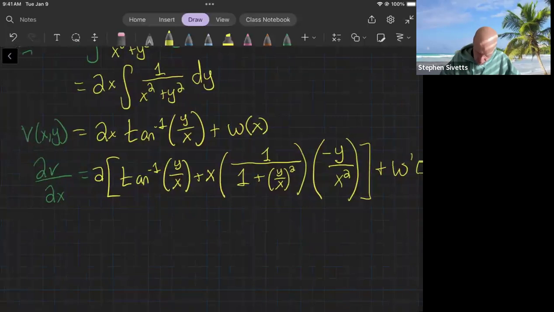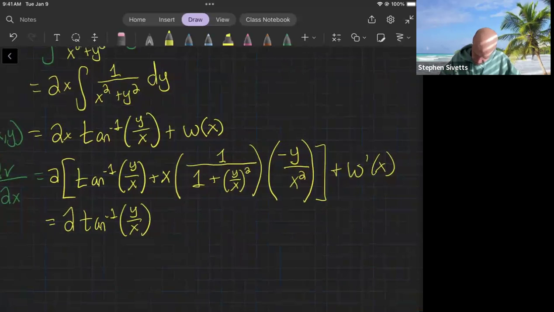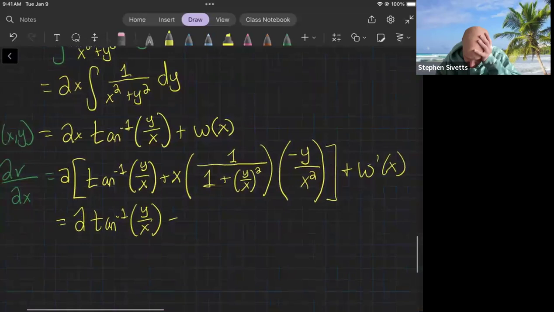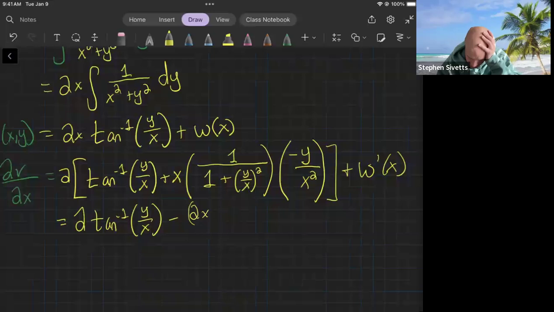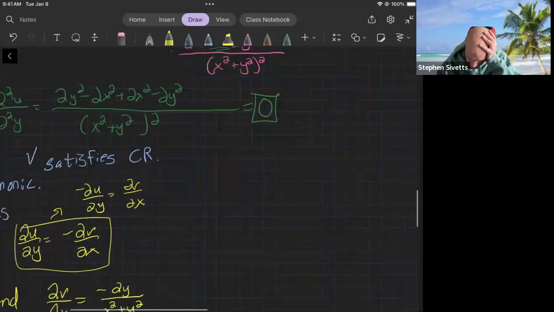Okay. So this would equal 2 times inverse tangent of y over x minus 2x times y over x squared over 1 plus y over x squared.